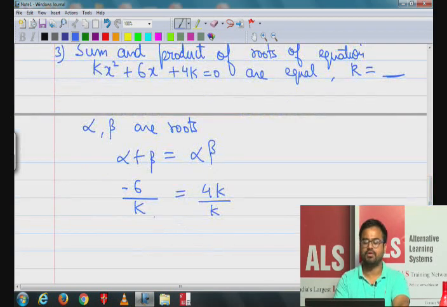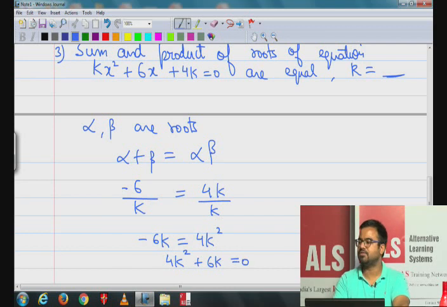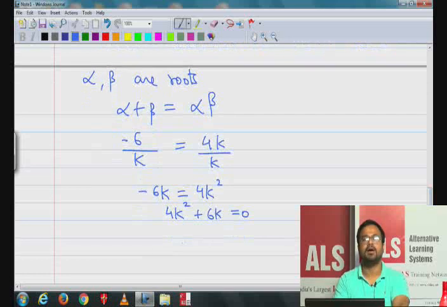Now if you solve this, cross multiplying, minus 6k is equal to 4k square. Take the 6k to the right hand side, so 4k square plus 6k is equal to 0. After that, how will we solve this?